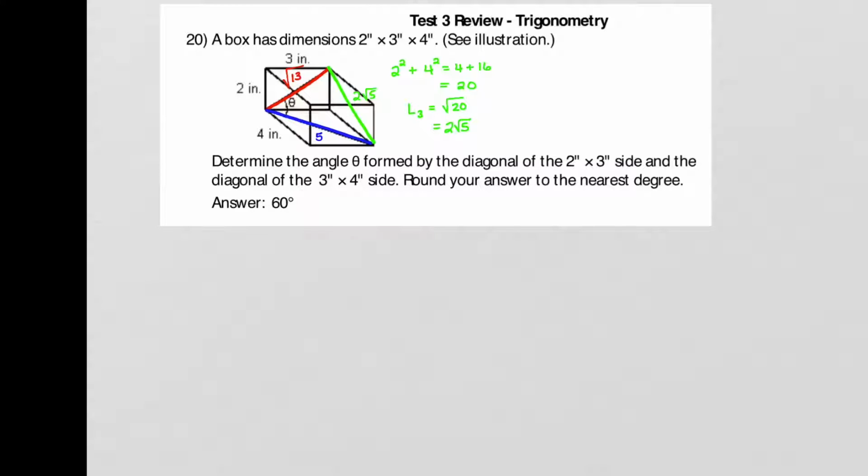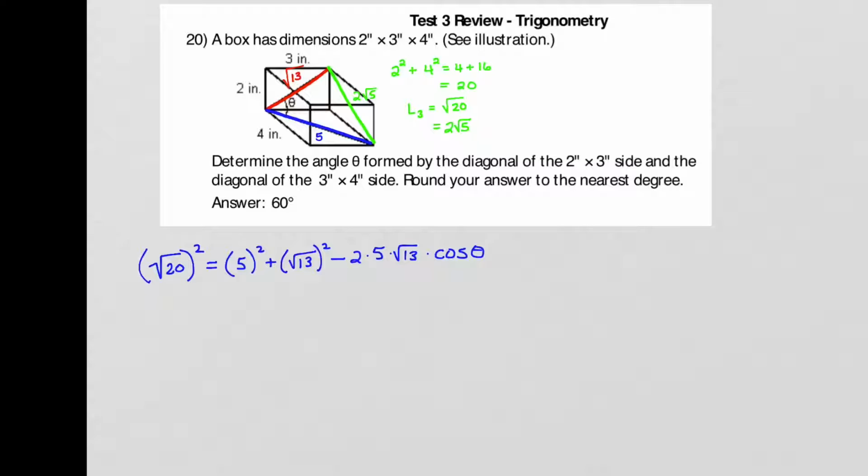So what I will do is say that opposite side, and I'm going to go back to calling it square root of 20, because right now I'm going to square it. So I'll just say square root of 20 squared equals 5 squared, plus the square root of 13 squared, minus 2 times 5 times the square root of 13 times the cosine of theta.